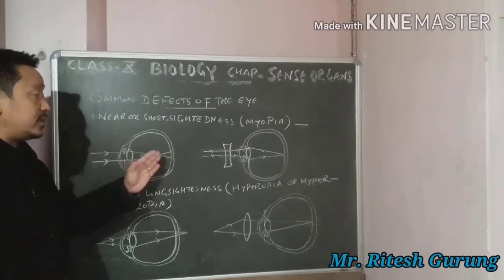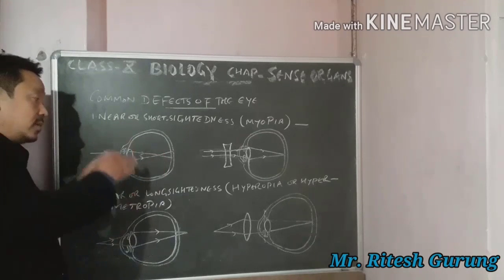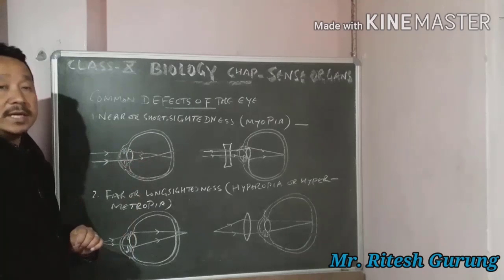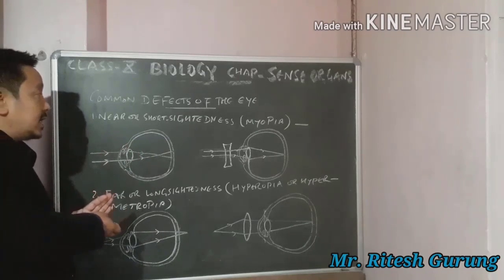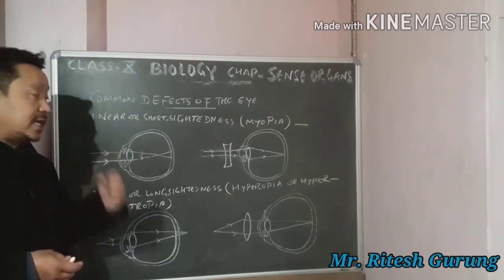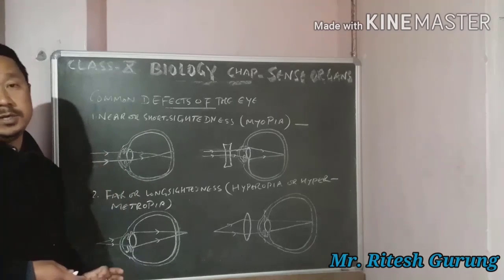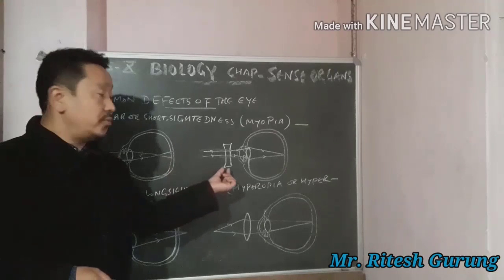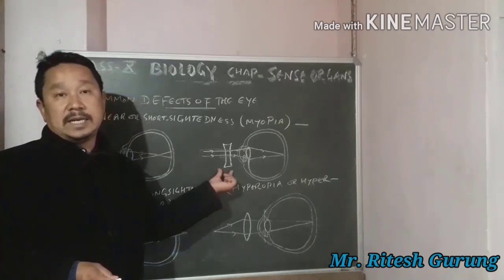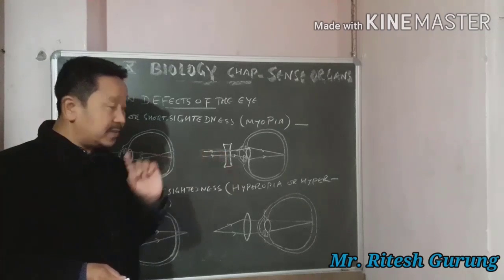It should be formed on the retina, but it forms just in front of it. So near objects can be seen clearly, but distant objects are seen blurred. This problem can be corrected by wearing a concave lens. This is a concave lens.